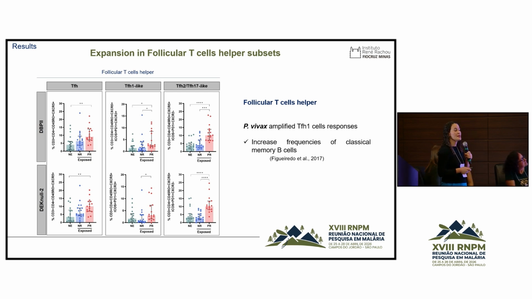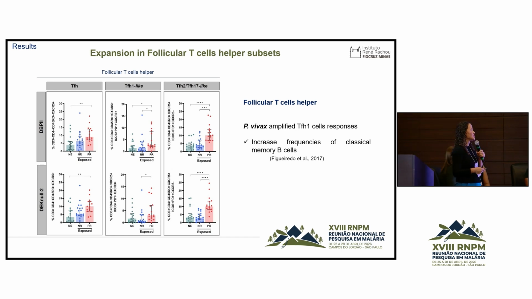We evaluated several subtypes of T cells, with subtypes TFH1, TFH2 and TFH17. And we had an increase in the persistent responders compared to the other tested antigen. The Th1 response was reported in the literature as important for Vivax malaria.